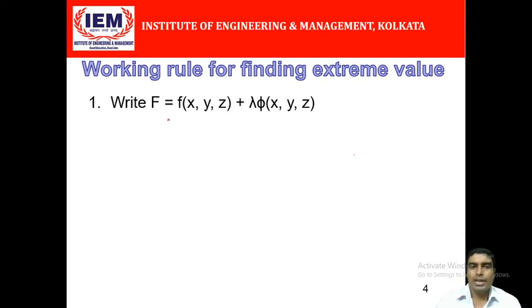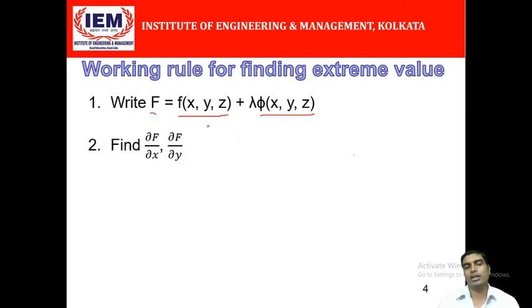So I construct another function, capital F, that is the combination of the first function f of x, y, z plus lambda, where lambda is some constant, times the constraint function phi between x, y, z. After that I will find the partial derivatives of this function with respect to x, y and z.